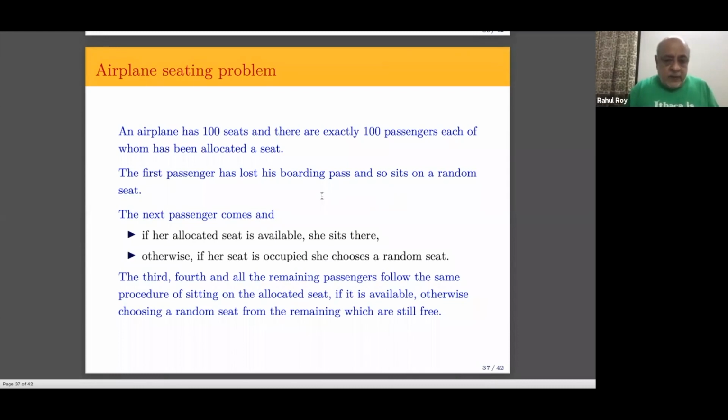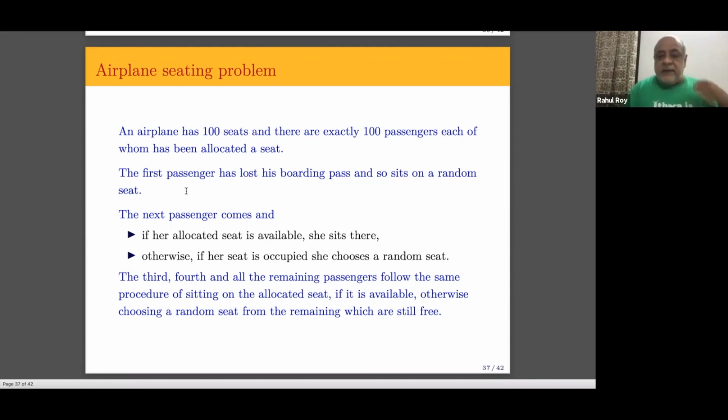The first passenger who enters has lost his boarding pass. And so he goes and sits on a random seat. The next passenger who comes in, if her allocated seat is available, then she sits there.